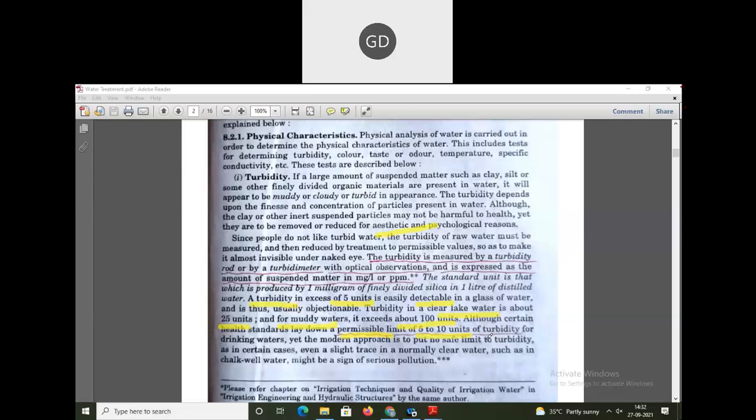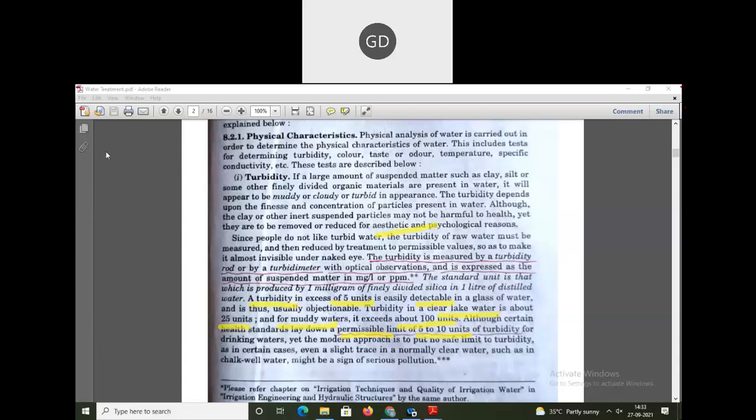There is no harm. 5 to 10 units of turbidity remains in any kind of drinking water, but it is not easily detectable, and it is permissible. That means you can drink. So this is about turbidity.